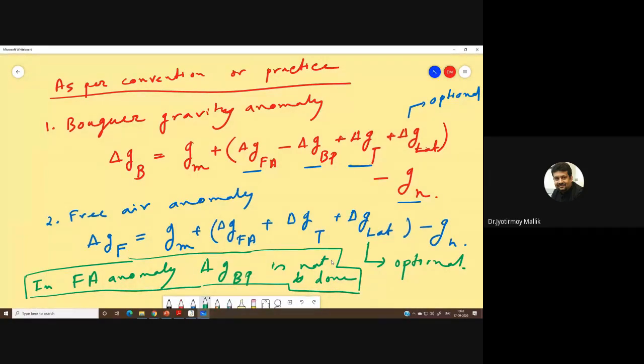So in Bouguer gravity anomaly, we do a measurement and all sorts of correction, and then we subtract it from the theoretical small g value. In free air anomaly, we first measure the GM, and then we do all corrections but the Bouguer plate correction, and then subtract it from the theoretical value.